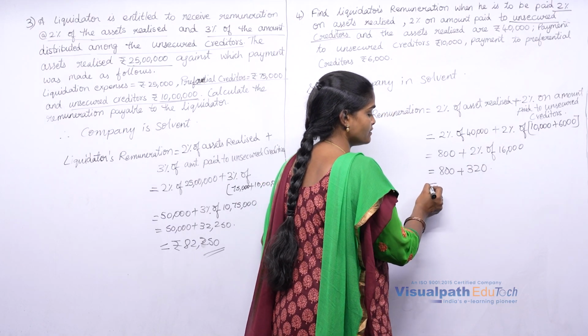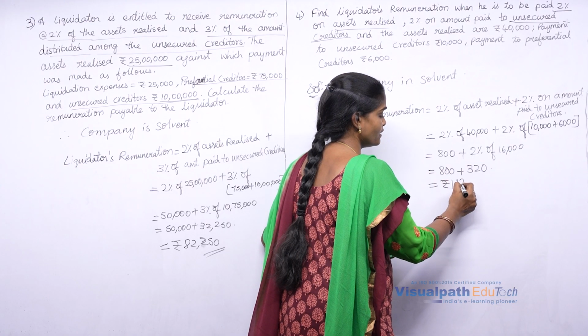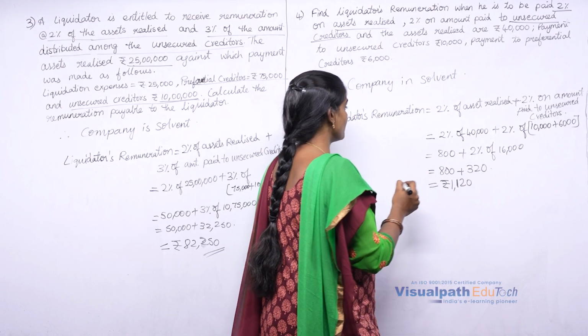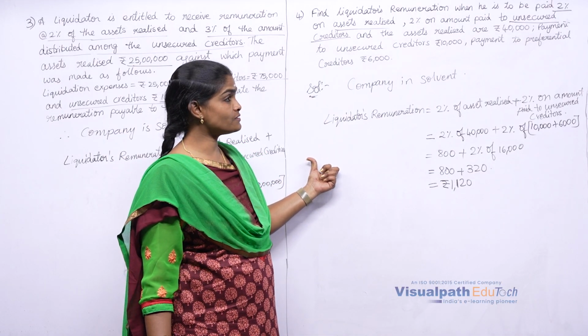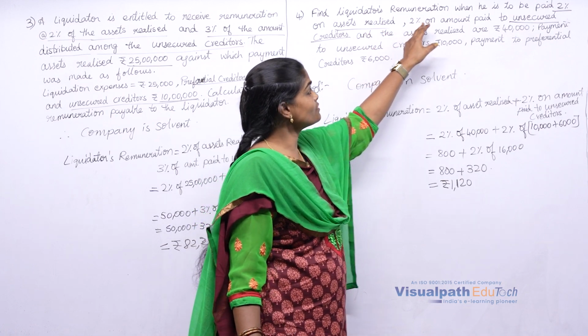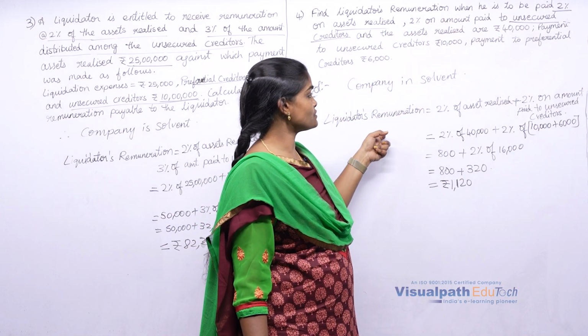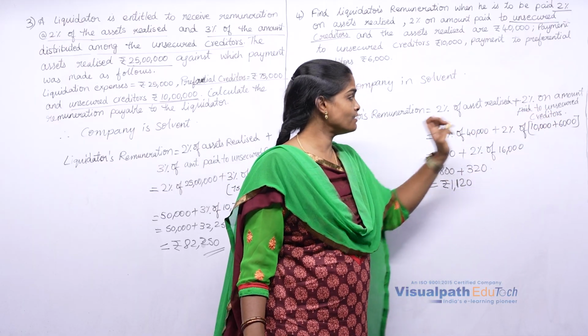Clear? So 800 plus 320 will give you 1,120. So this is how we can calculate liquidator's remuneration. In the previous problem, it was formula based. Here in this question itself, he gave what you have to take for liquidator's remuneration: 2% of asset realized and 2% of unsecured creditors.